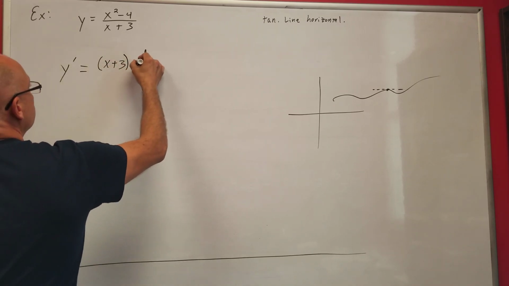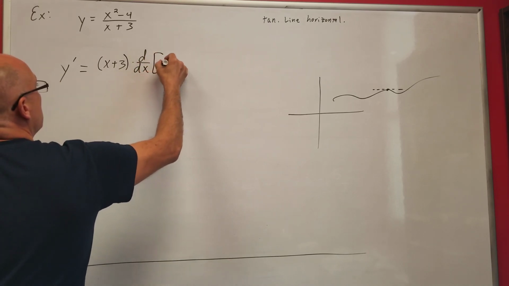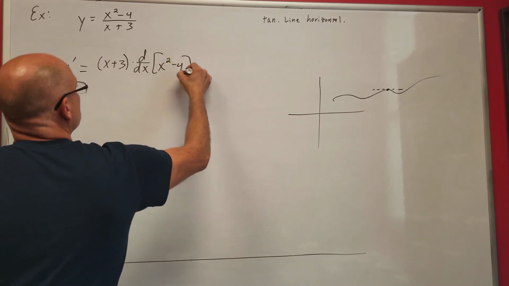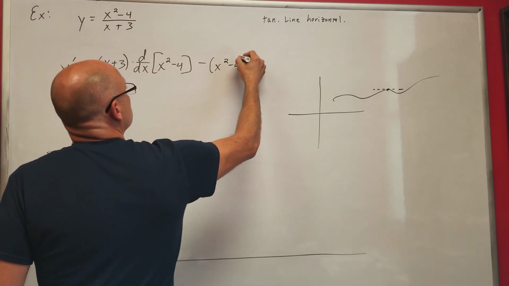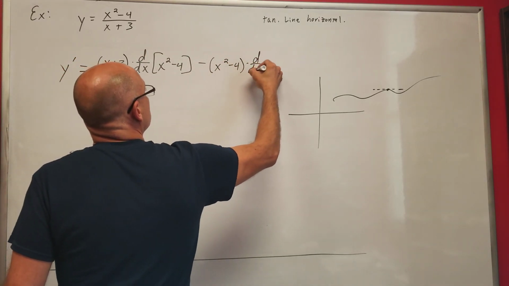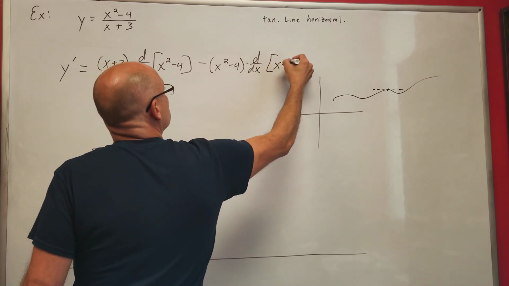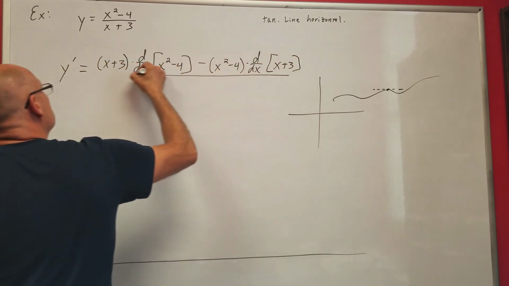Low d high. Minus high d low. All over low squared.